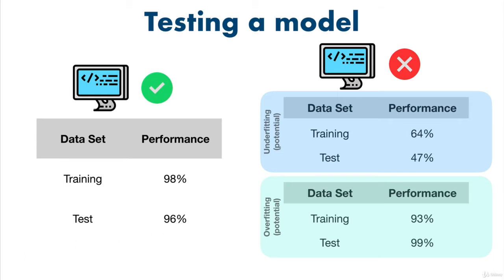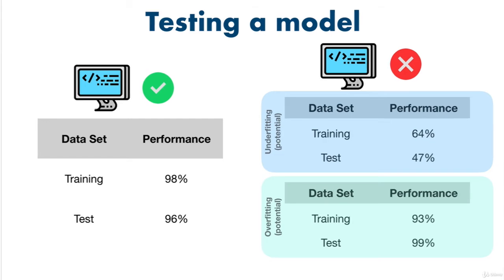What you should be worried about is if the training set performance is dramatically higher than the test set, also known as underfitting, and if the test set performance is higher than the training set performance, also known as overfitting. Overfitting and underfitting are both examples of a model not being able to generalize well, which is what we don't want.